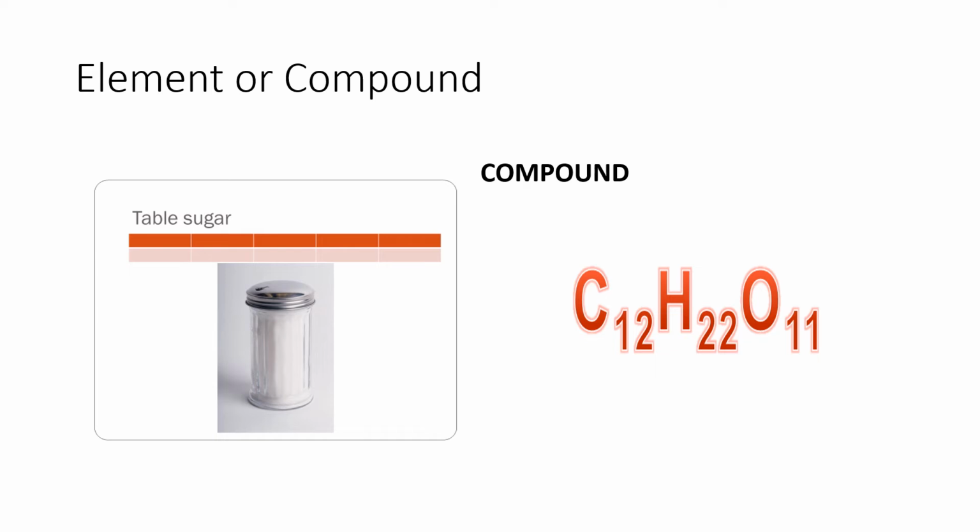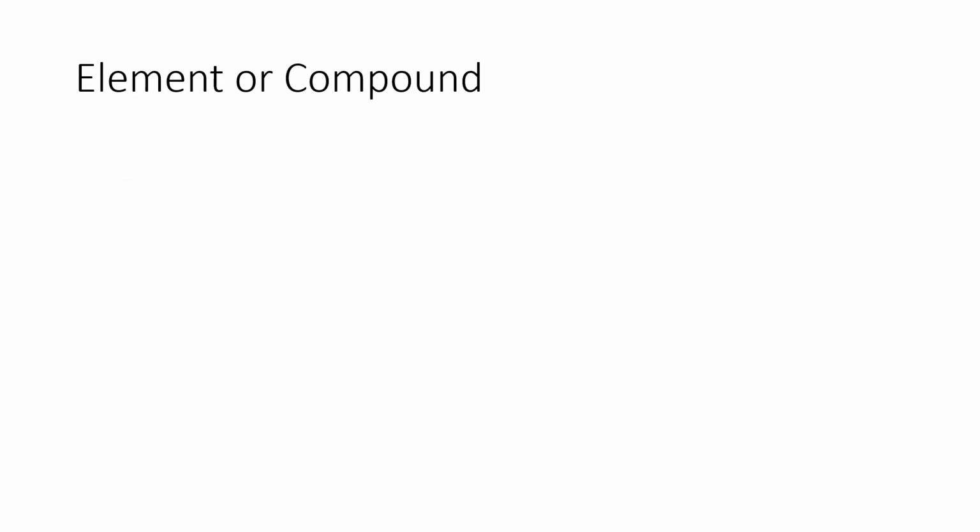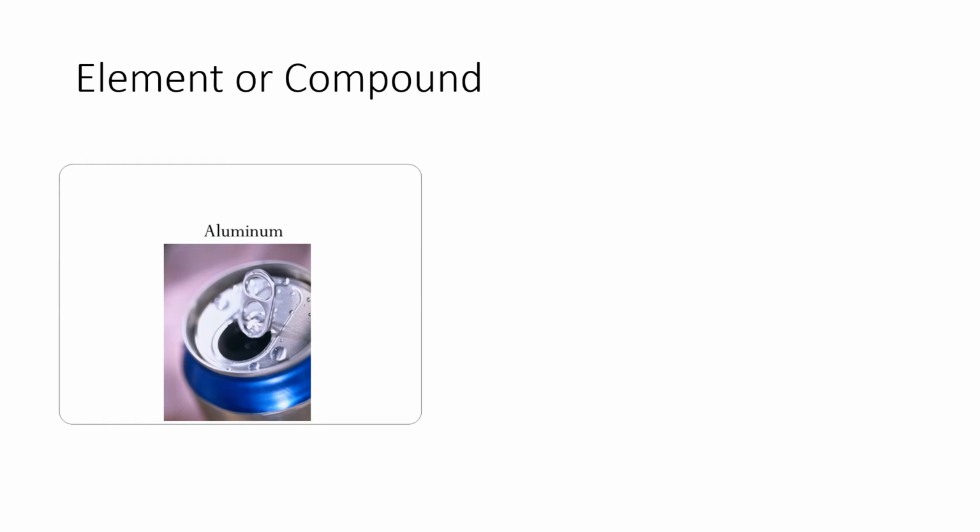So the symbol is C12H22O11. Another one, element or compound, aluminum. Yes, the answer is element, and the symbol is Al.